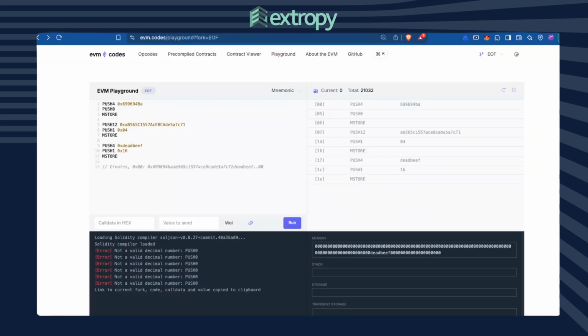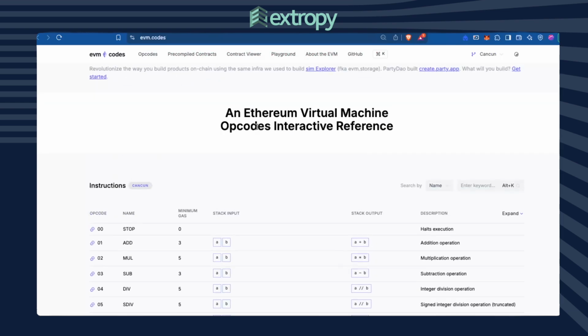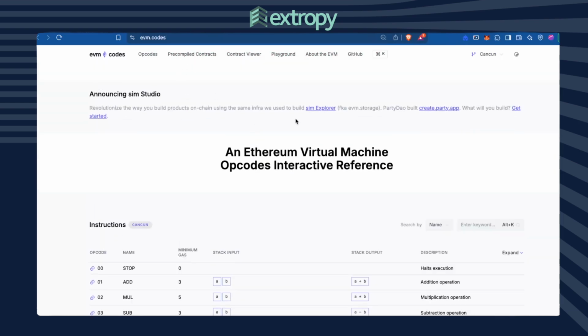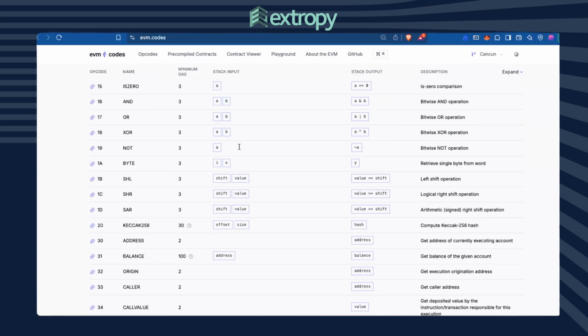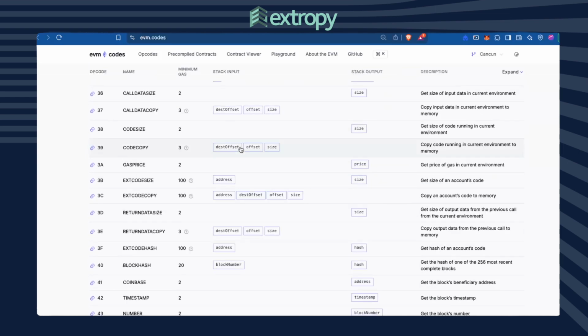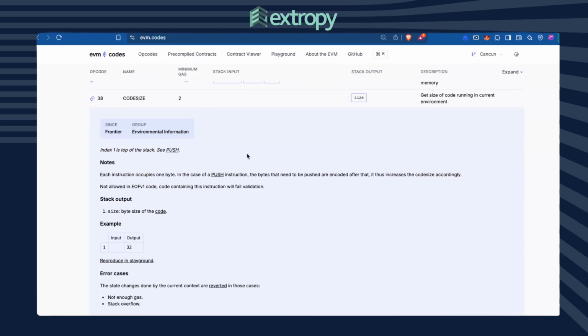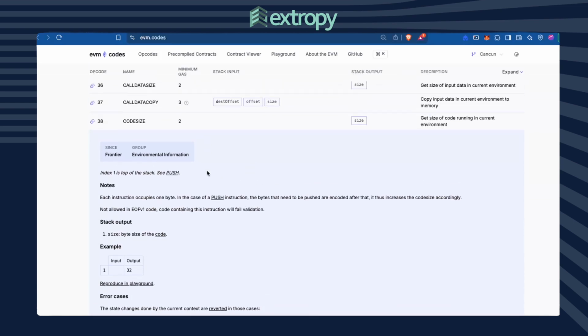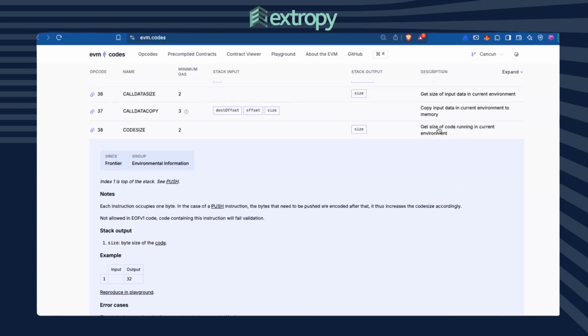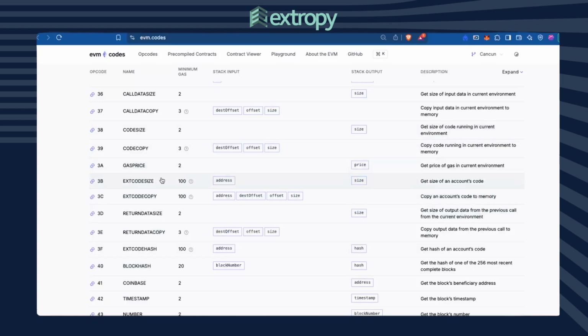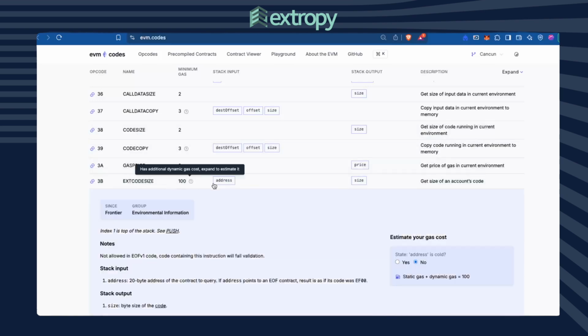I'll go to my EVM codes; I've got them ready here, and I recommend you have these ready as well. If you have a look at what code size is doing, this is the way that we can look at the size of the bytecode for the current environment. More particularly, if you supply an address, then this will tell you the size of the bytecode for that address.